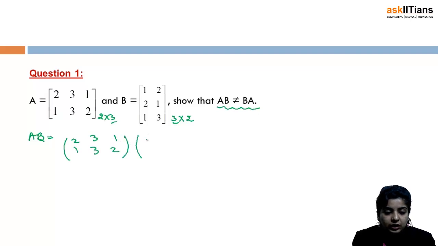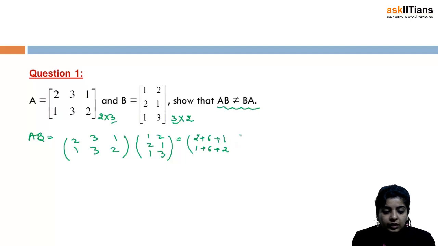I write down A, then I need to multiply it with this matrix. What do we get? This would lead to 2 into 1 plus 3 into 2, 2 plus 3 2s are 6, plus 1 into 1 is 1. Then I get 1 into 1 plus 3 into 2 plus 2.